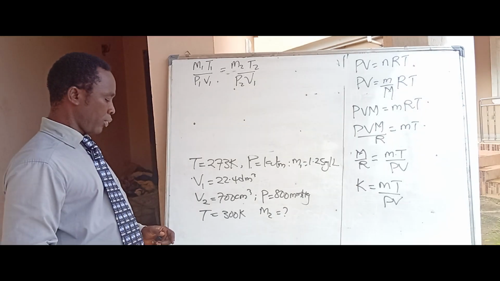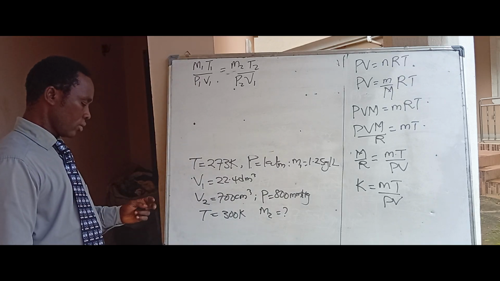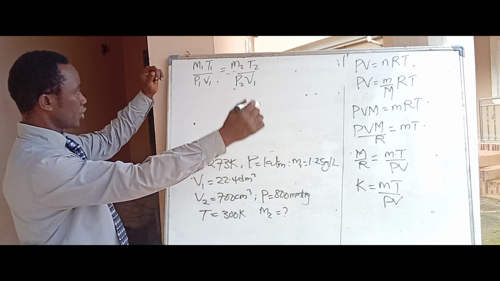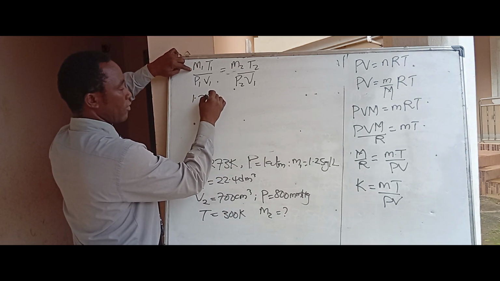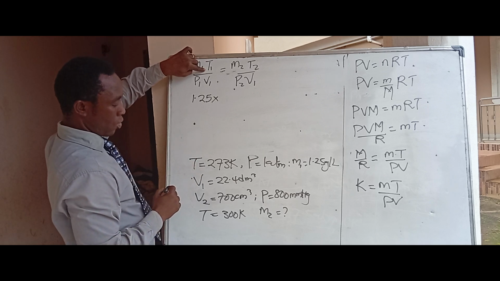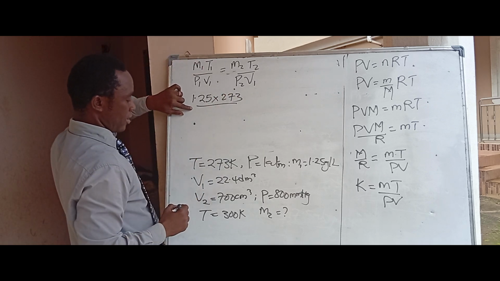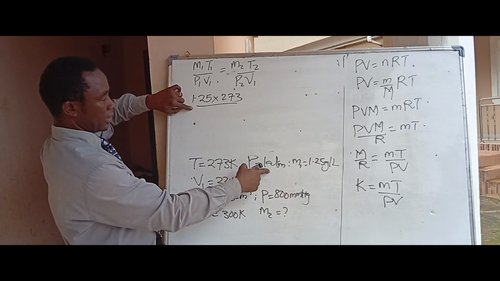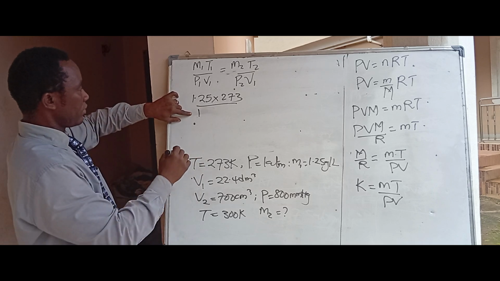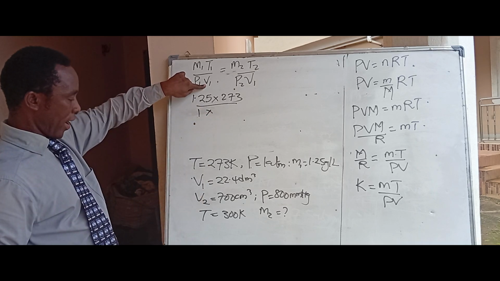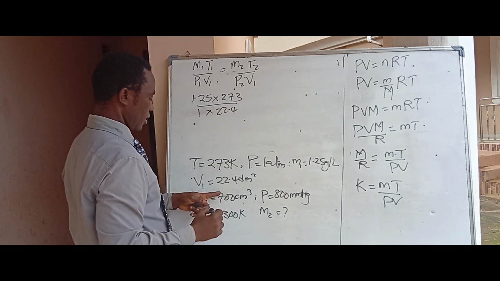Let us put the parameters we have got into the equation. My weight 1 is 1.25 multiplied by temperature 1, which is 273 Kelvin, divided by pressure 1, given as 1 atm, then multiplied by volume 1, which is 22.4 in dm cube.